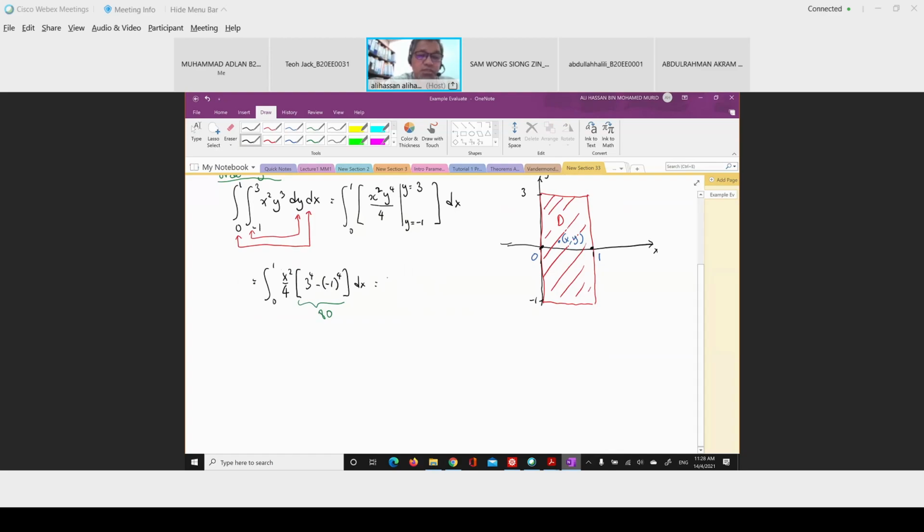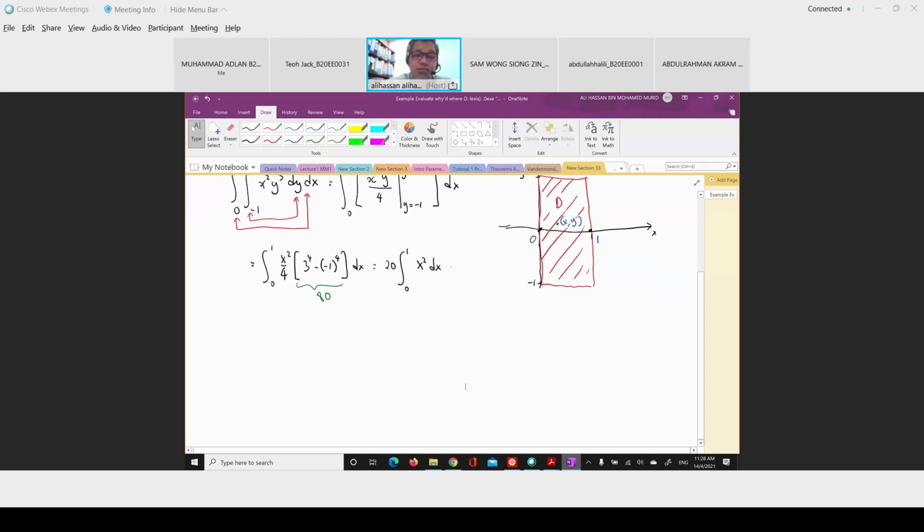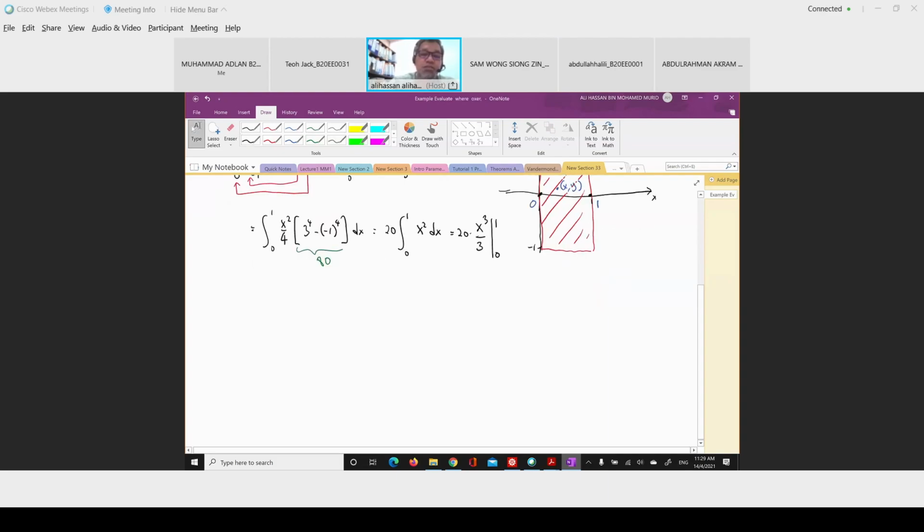Now I can pull out 20 and see that it reduces to a single integral, x squared dx. What is the integral of x squared? Should be a piece of cake. X cubed over 3, evaluated at the limits 0 and 1.